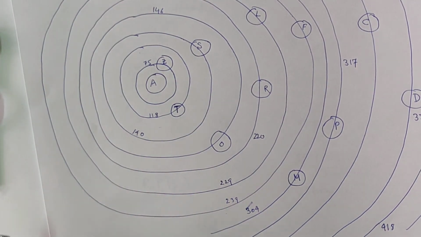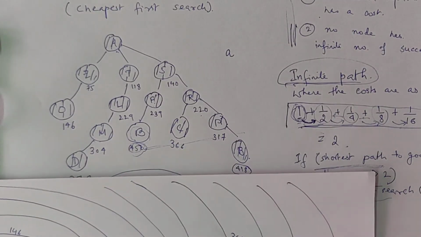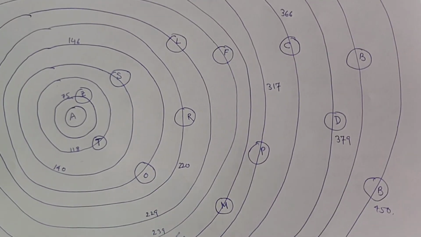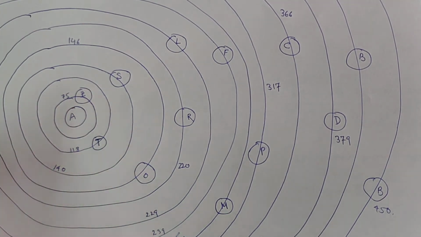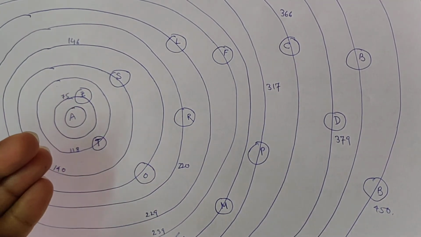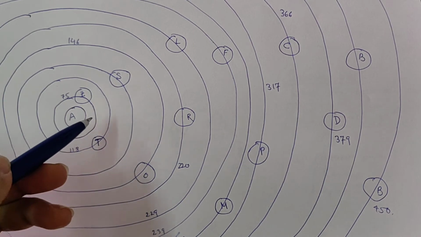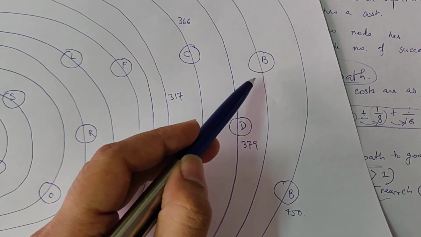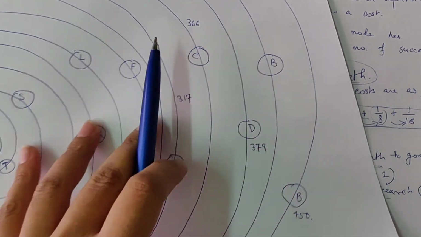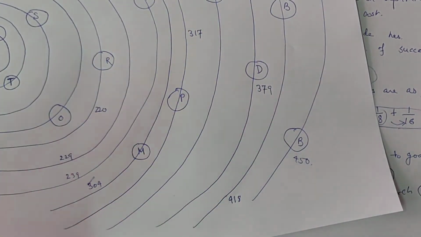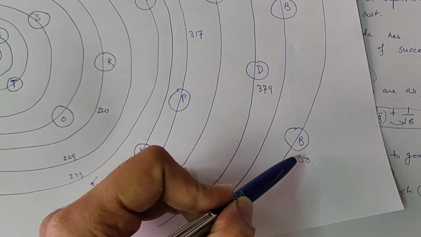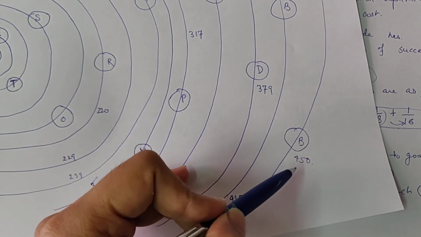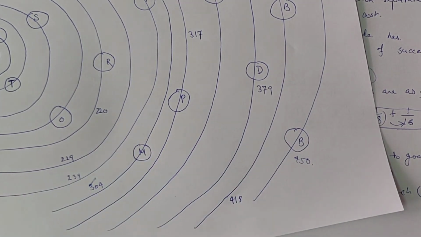So as you can match with your search, this is how the search actually progresses from A along the contours till we reach the B here, which is on a contour of 418, and this is the B, the suboptimal goal on a higher cost contour of 450.